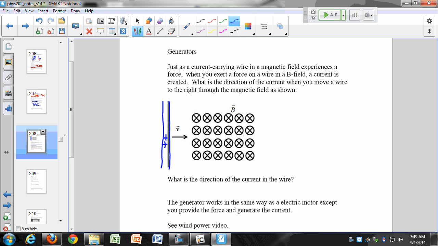And if I push them through this magnetic field, I can, through our right-hand rule, figure out that I'm pushing them with a velocity in that direction, and so they're going to feel a force that's upward. So in this wire, I will have a current that flows upward. Remember here also that I'm assuming a conventional current, so that I'm assuming the flow of positive charges. So whenever we talk about the flow of electricity, we're talking about the flow of positive charges. So the direction of the current is up or down? Right.